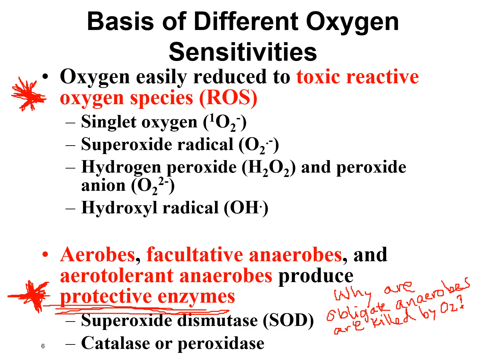So the reason they are killed by oxygen is because they don't make these protective enzymes to get rid of the reactive oxygen species. So that's why they get killed by oxygen.